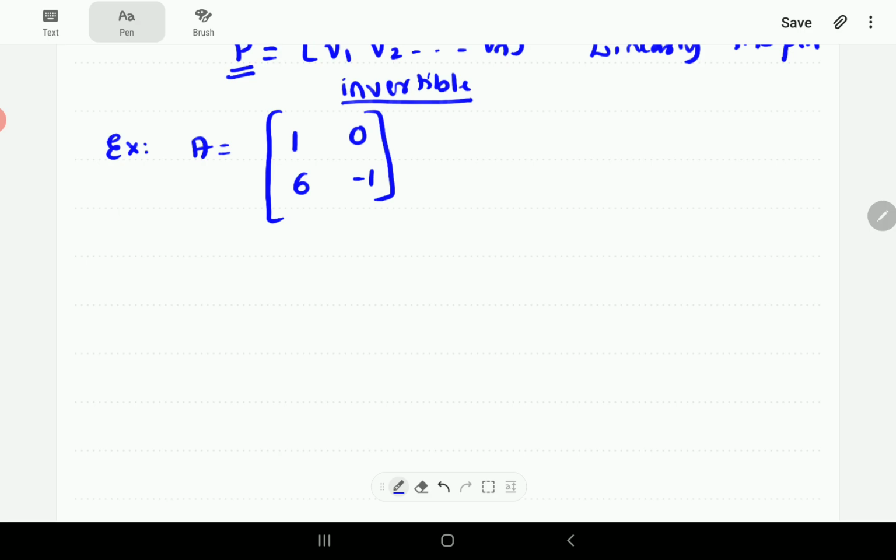Since it is a triangular matrix, a lower triangular matrix, without actually calculating, the eigenvalues are 1 and negative 1.